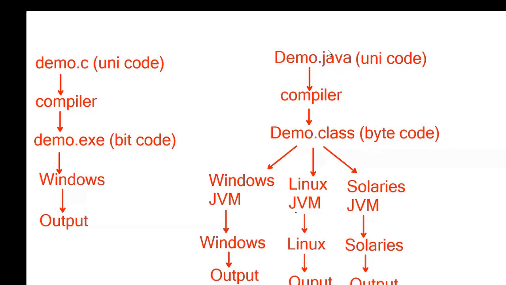For the conversion of Unicode to bytecode, one piece of software is required. We call that software a compiler. What the compiler did here is convert Unicode to bytecode. But the operating system doesn't know bytecode, and we also don't know about bytecode.